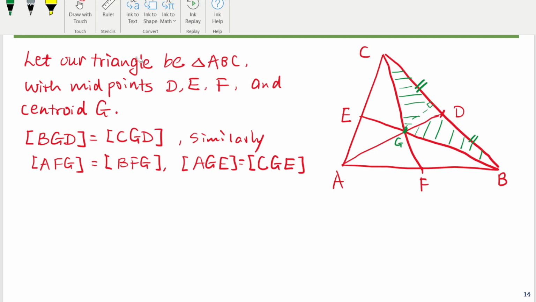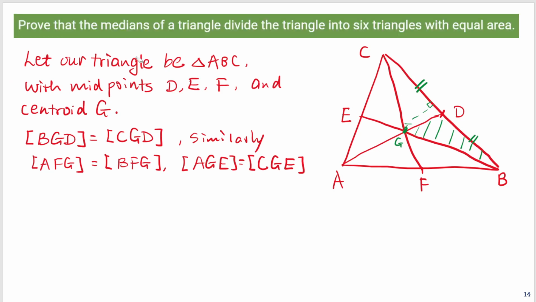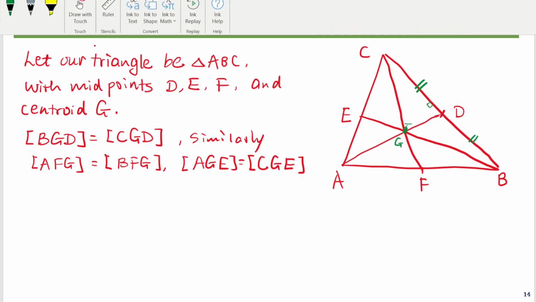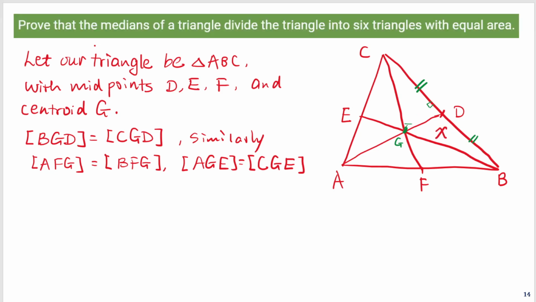Then let's assign some variables to these areas in order to facilitate our discussion. So let's call this area X, then we know this area is also X, this area is Y, this area is also Y, and this area is Z, and then this area is also Z, right? Actually, the little triangles aren't the only triangles that share the same altitudes.